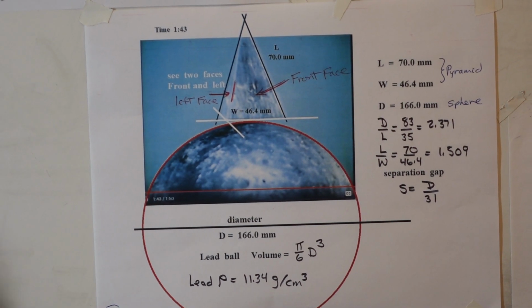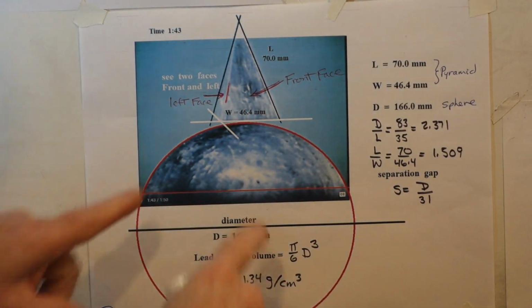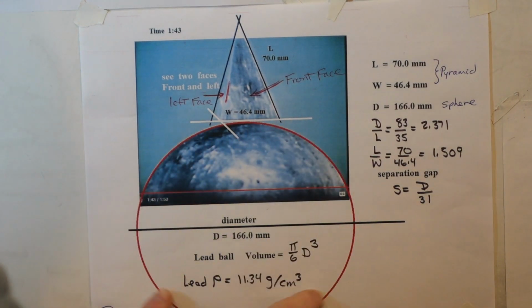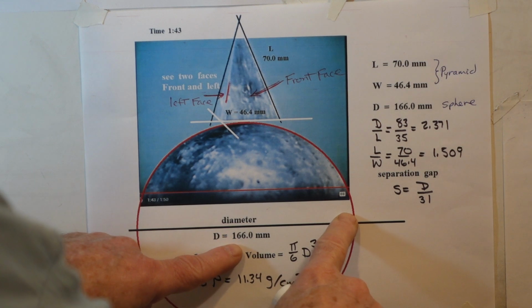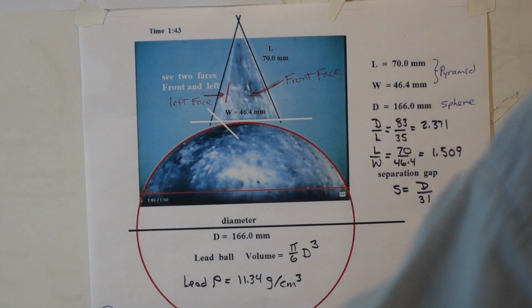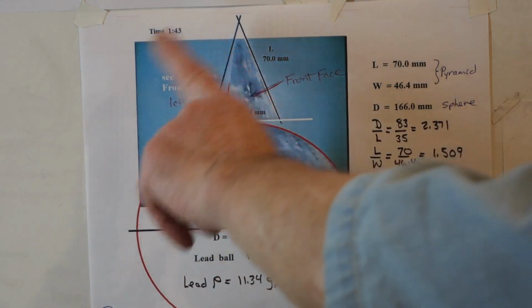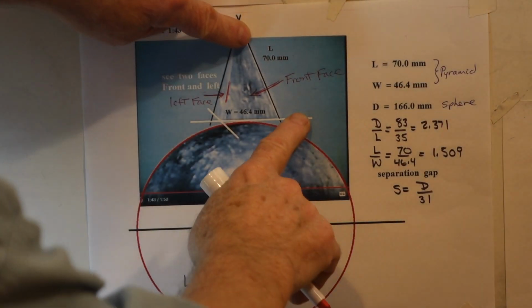So here's another screenshot where there was a close-up of the pyramid and the sphere. I completed the sphere, and I measured the diameter in millimeters in this particular view, and D was 166.0 millimeters. But also in this same photograph, L is 70.0 millimeters.